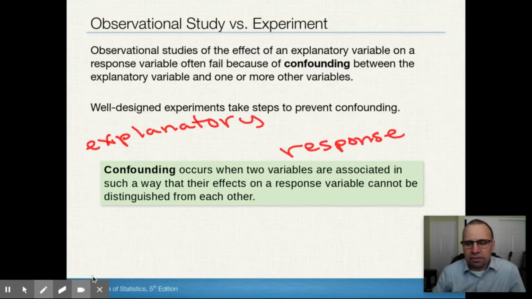And the explanatory variable is just that. It does the explaining. The explanatory variable in my classroom example is the classroom temperature, and the response is how well the kids are scoring on the test. Now, there's something else that could be causing the response variable, and we don't know what it is. It could be a number of things, and I listed them off, and we call that confounding.